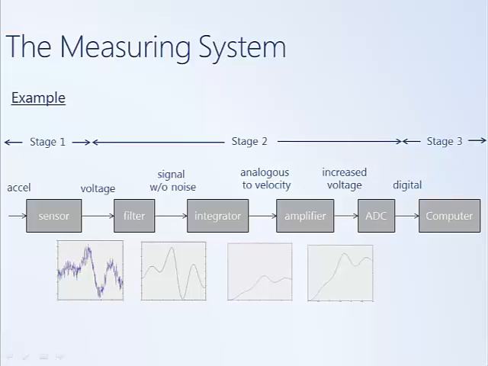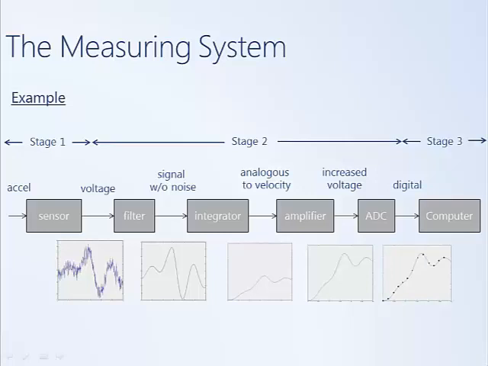And so now we have this voltage that's a reasonably large voltage, and it's proportional to the velocity of the vehicle. And then we want to read this into our computer on board our vehicle in order to generate some control commands. And so in order to take this smooth analog continuous signal and read it into a digital computer, we need to do an analog to digital conversion.